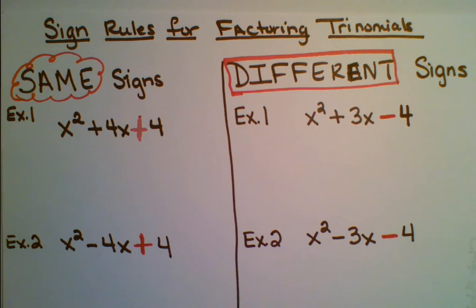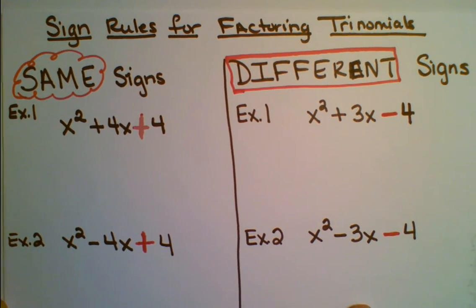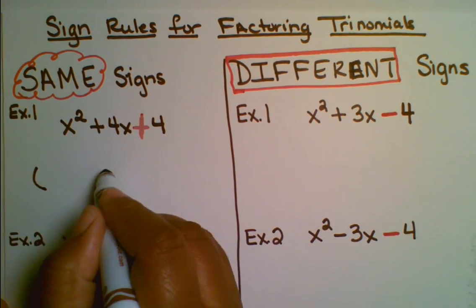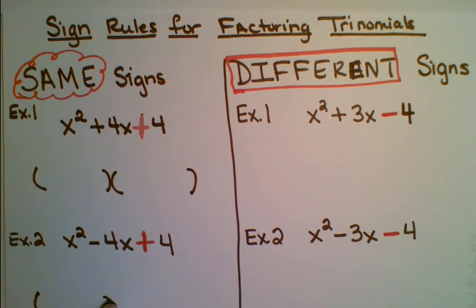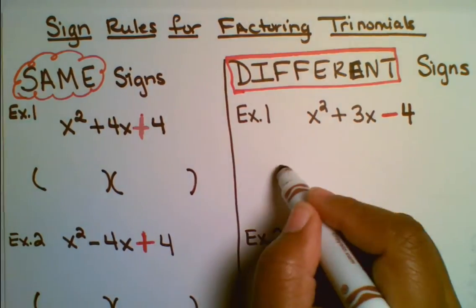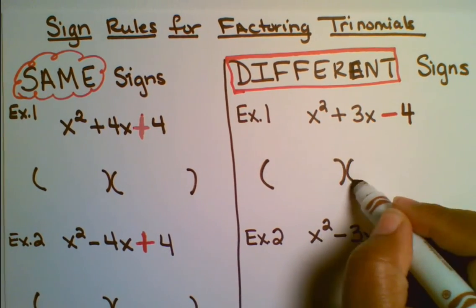So when we factor a trinomial, first thing we want to do is set up our template, meaning set up two parentheses. So this is what we're going to do here. Just set up our template.